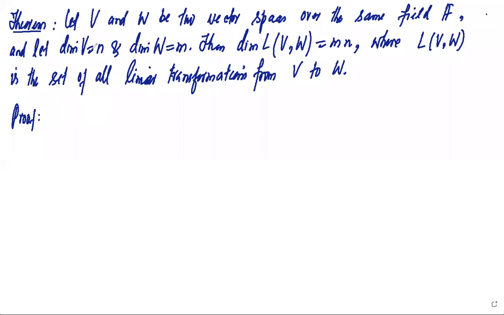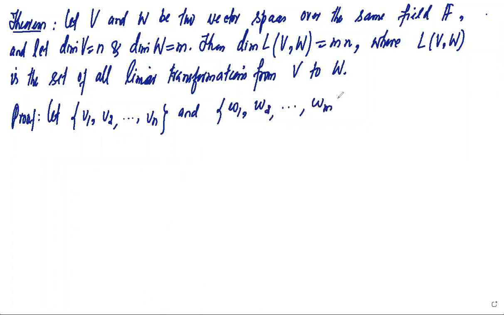Okay, so first we will choose a basis of V, and then we will choose a basis of W. So let V1, V2, and so on, Vn, and W1, W2, and Wm be the bases of V and W respectively.